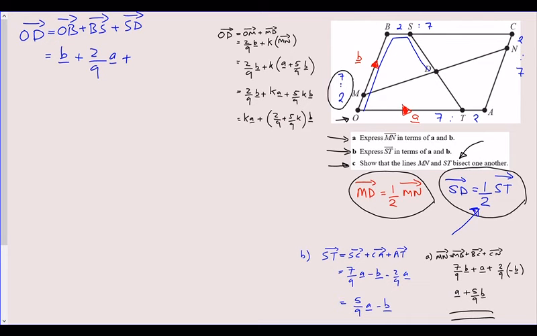But for now, let's just use another letter as a multiplier, as a scalar, sorry. So we're going to use T. And that's going to be some multiple of S to T.